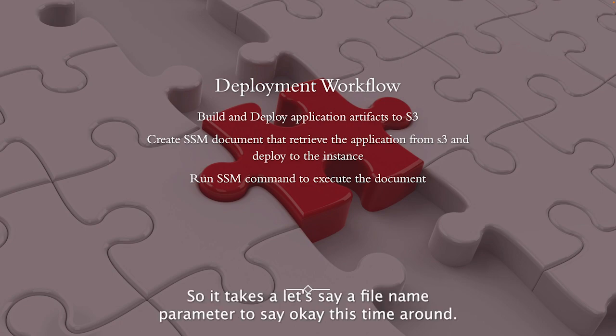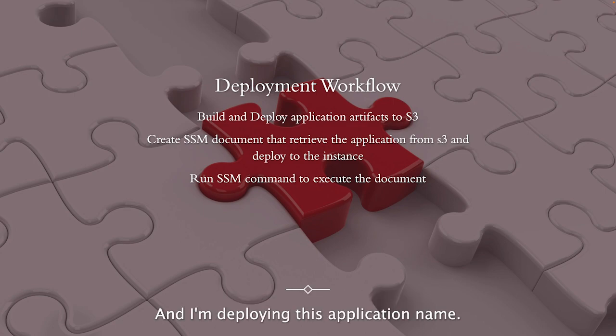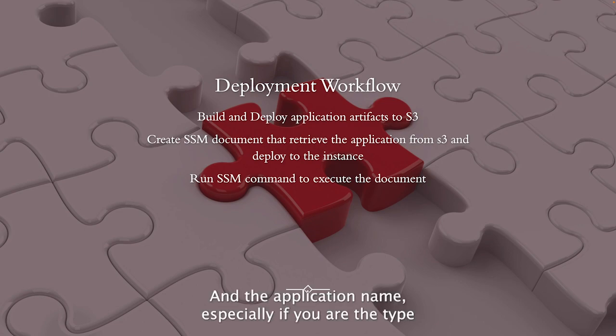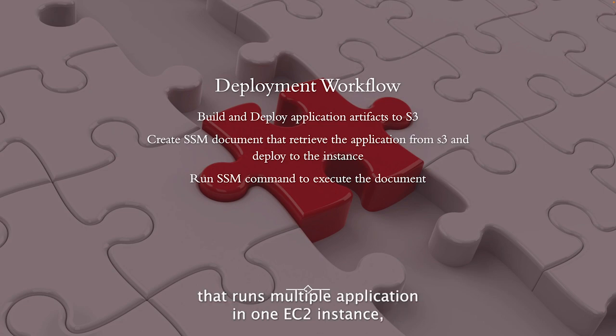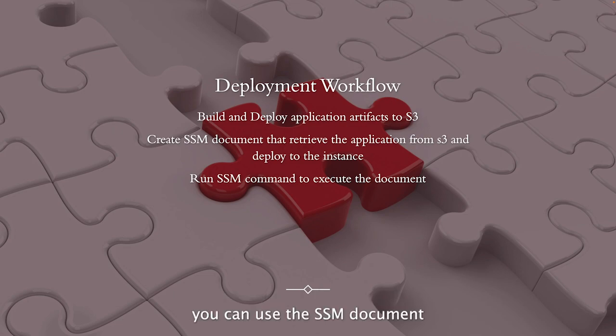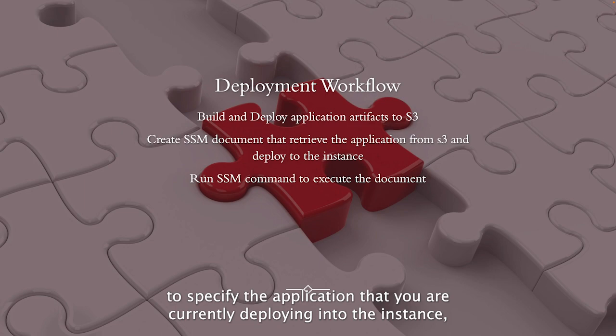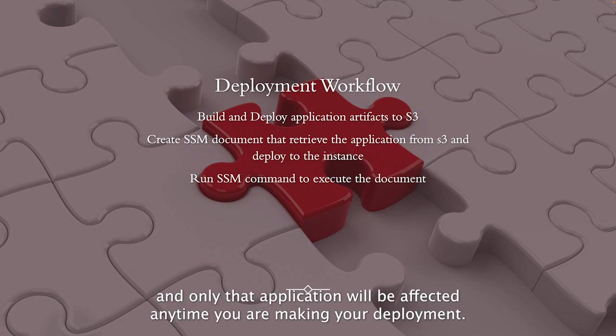So it takes, let's say, a file name parameter to say, okay, this time around I'm deploying this application name. Especially if you are the type that runs multiple applications in one EC2 instance, you can use the SSM document to specify the application you are currently deploying into the instance, and only that application will be affected anytime you make a deployment.